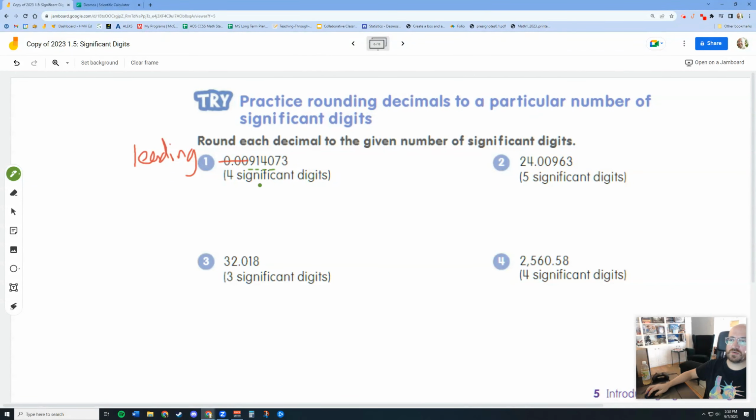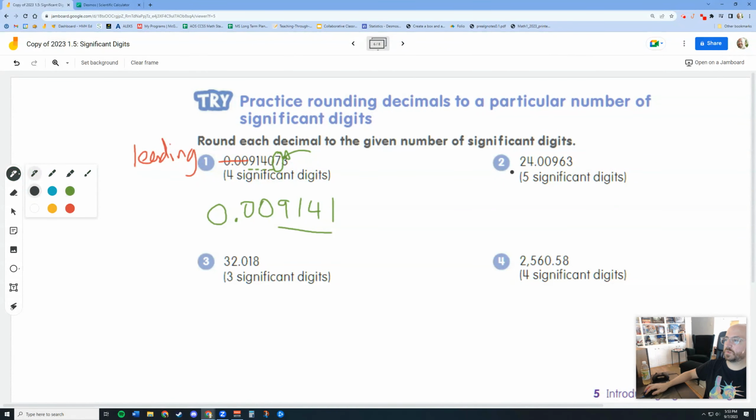So if I'm rounding to that, I know it's definitely going to be 0.00914. It's either going to be 9140 or 9141. Let's think. Look at the digit to the right of it. It's a 7. That means we're going to round up. So the four significant digits we would use is 9141.